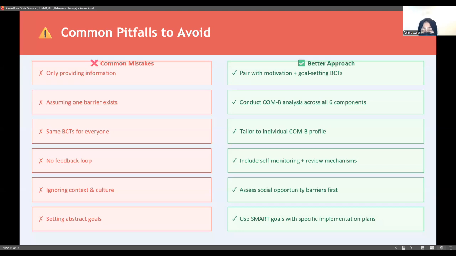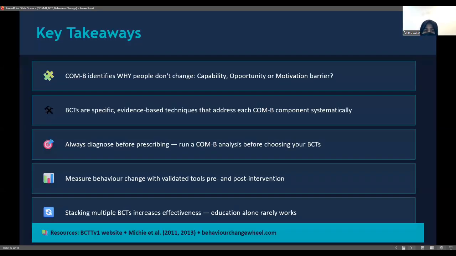After that, we have just the key takeaways, that is COM-B identifies why people don't change. And we have here capability, opportunity, or motivation barrier. After that, we have studied here BCTs are specific, evidence-based techniques that address each COM-B component. That is, they fill the gap.